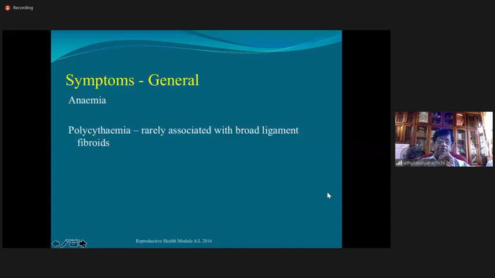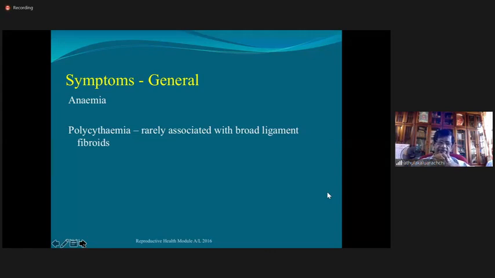Generally, if the patient has heavy menstrual periods and the blood loss is high because of the fibroids, for obvious reasons the patient gets anemia.